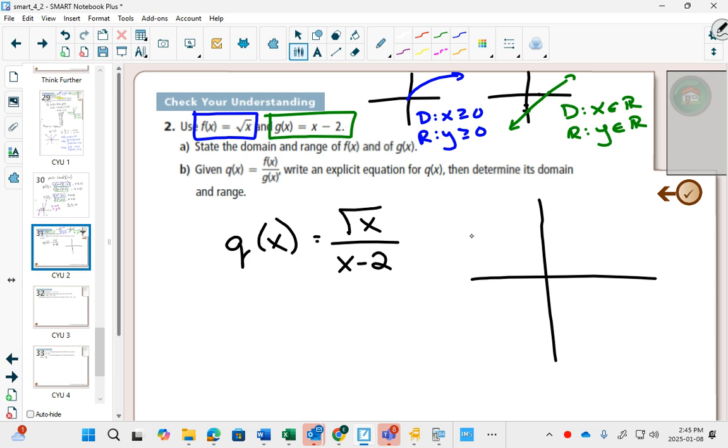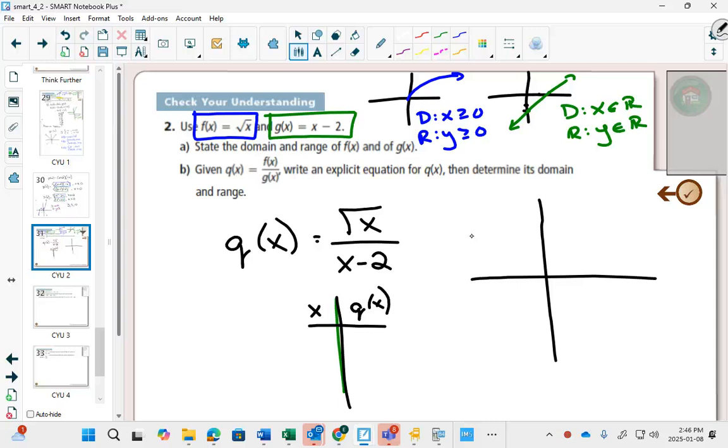First of all, how do we divide? You could do a table of values here as well. Table of values is very powerful. But some things to remember. Do we remember that if one of the graphs doesn't exist, then your new graph is not going to exist?